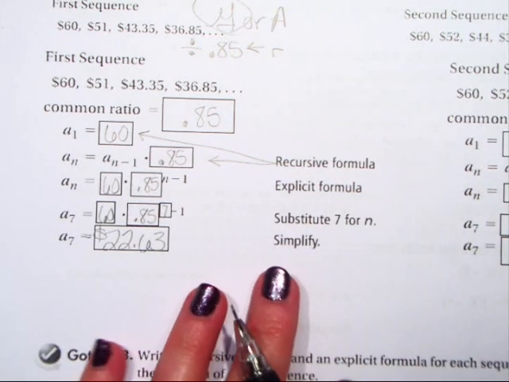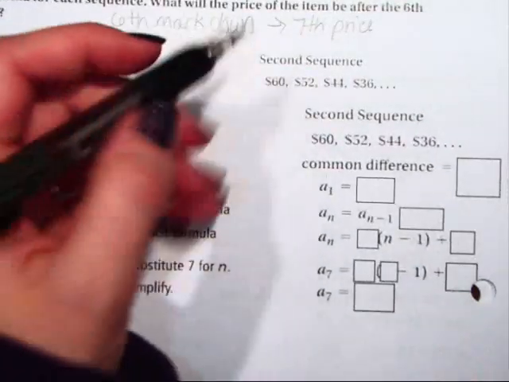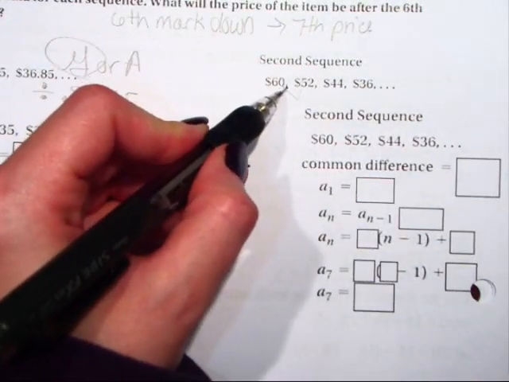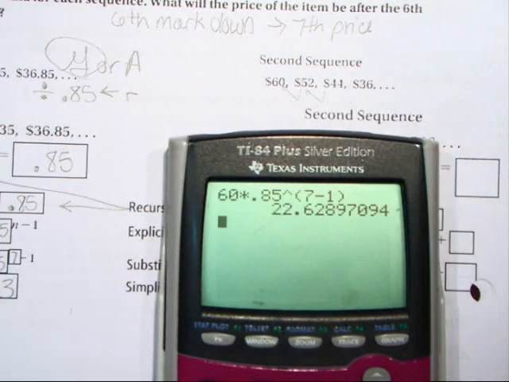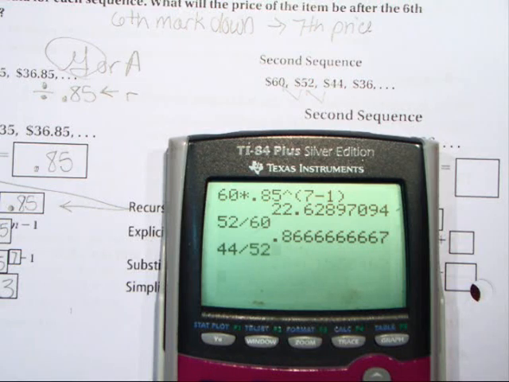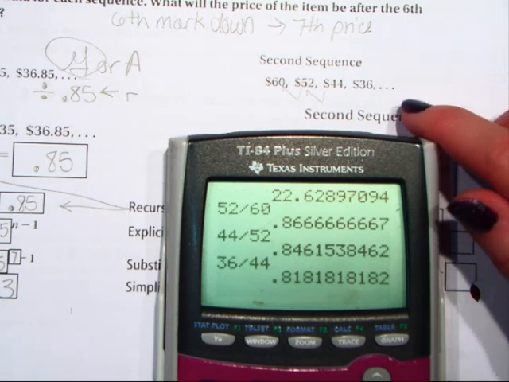Now let's go to the other store. The other store, we notice, it does not divide each time. Let me show that to you. 52 divided by 60 is not the same as 44 divided by 52, which is also not the same as 36 divided by 44. It's changing every time.